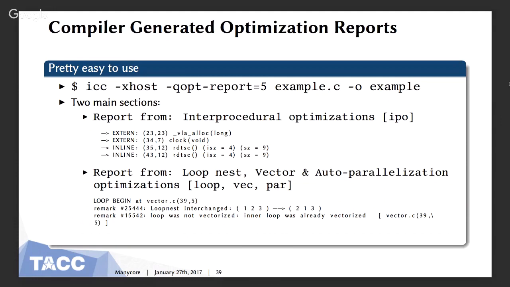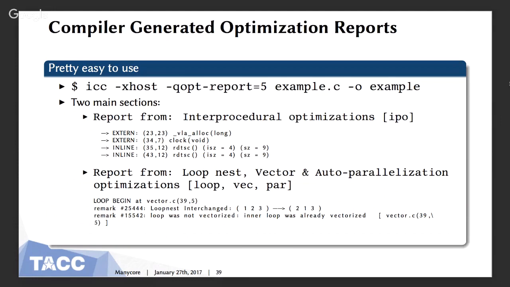So what you can do, loop begin at vector.c, that's the source file where it's vectorized the code. 39 will be the actual line in the code where the loop occurs. And then it'll have some remarks past it saying what it's done to that loop.